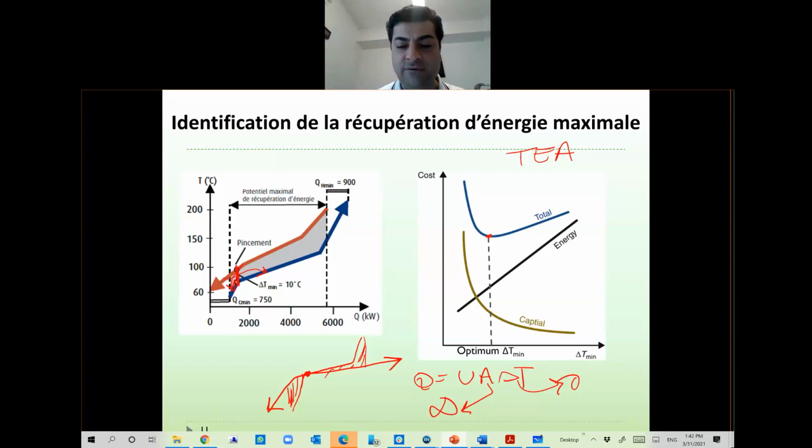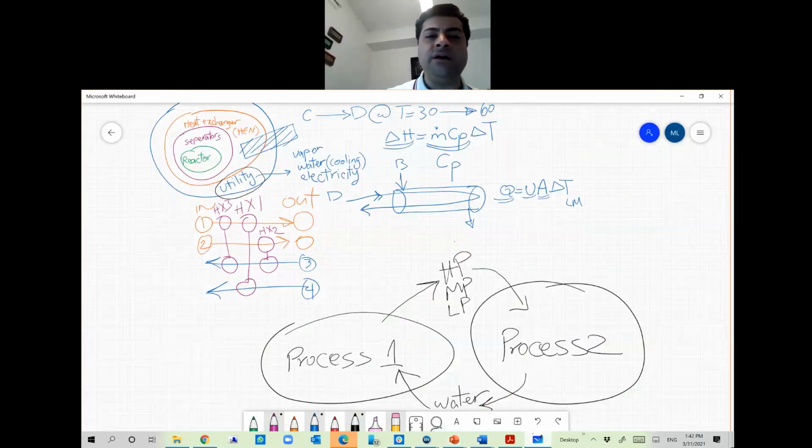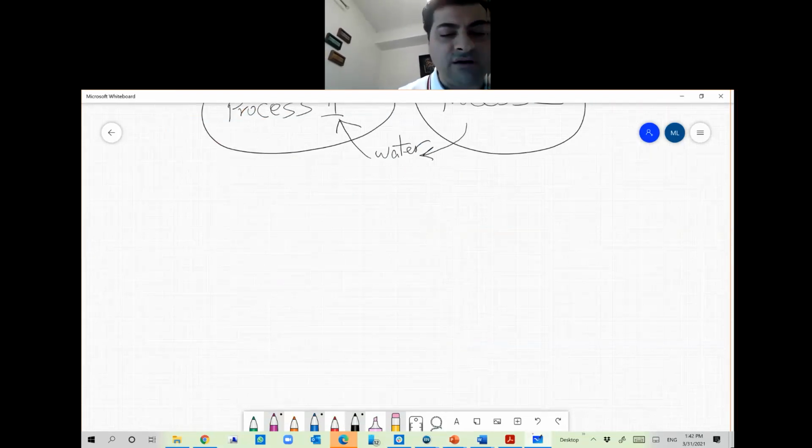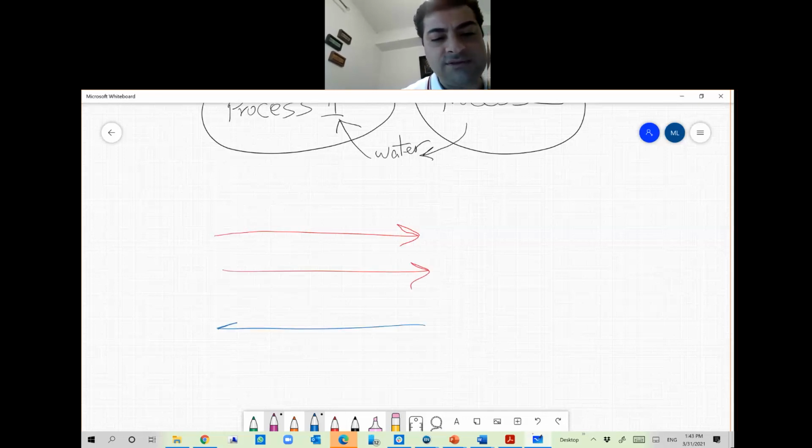In other words, when you want to design, let's say you have some hot streams and some cold streams, you always have to identify the pinch point.